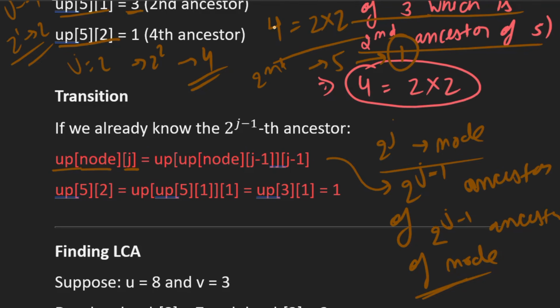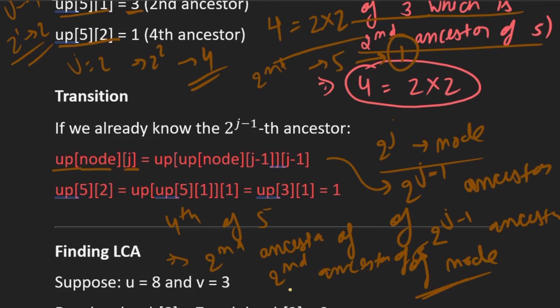In the example, the fourth ancestor of 5 is basically the second ancestor of the second ancestor of 5. Second ancestor of 5 is 3, and second ancestor of 3 is 1, which is the fourth ancestor of 5, right?